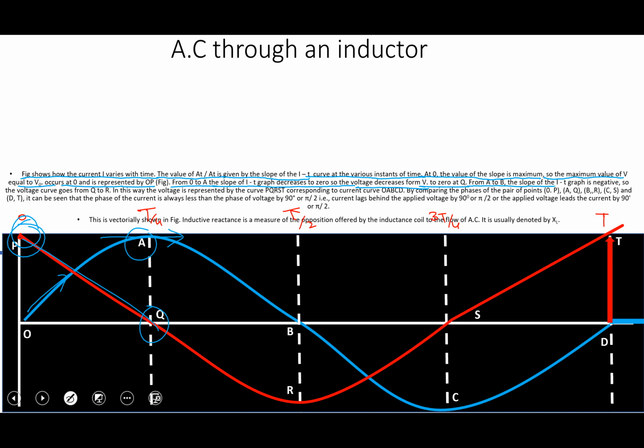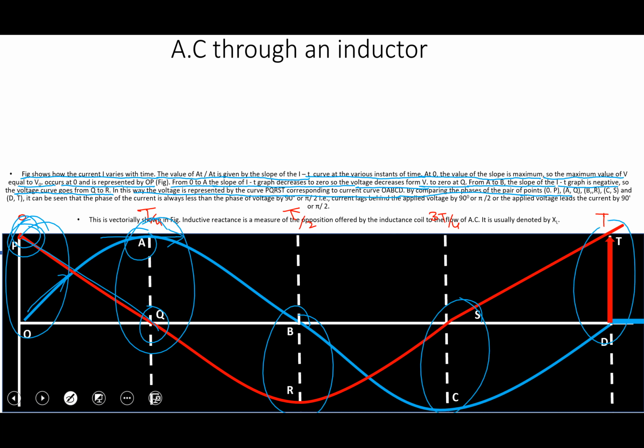From A to B, the slope of the I graph is negative, so the voltage goes from Q to R. In this way, the voltage is represented by P, Q, R and so on, corresponding to the current curve O, A, B, C. By comparing the phase of the pairs of points OP, AQ, BR, CS and DT, it can be clearly seen that the phase of the current is always less than the phase of voltage by 90 degrees, or pi by 2.